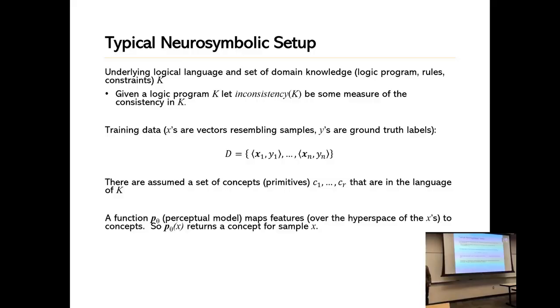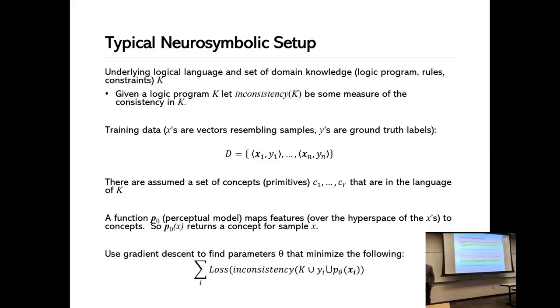And we have some perceptual model that maps features to concepts. So P beta of X returns a concept or set of concepts for sample X. And so using gradient descent, we want to minimize the following.